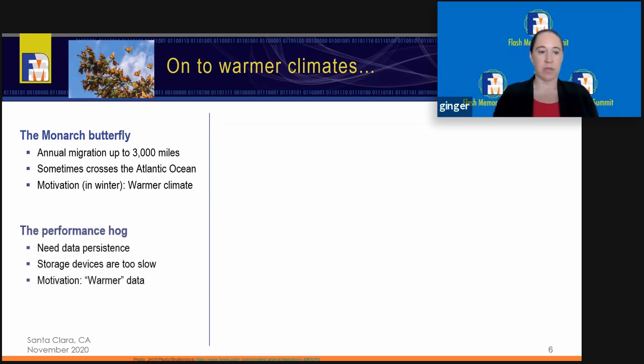So this makes me think of an application that I would call a performance hog. This is something that does need data persistence, but storage devices are just simply too slow. So the motivation to migrate that type of data structure or application is that you want the data to be warmer, in the sense that it's closer to the CPU.